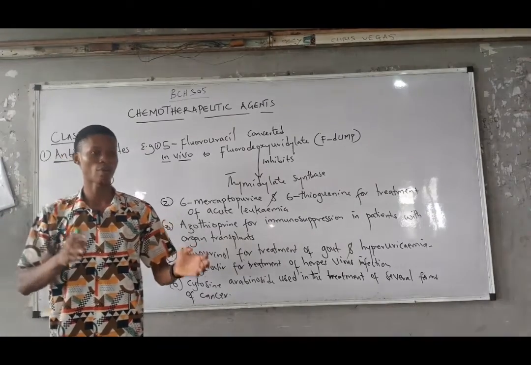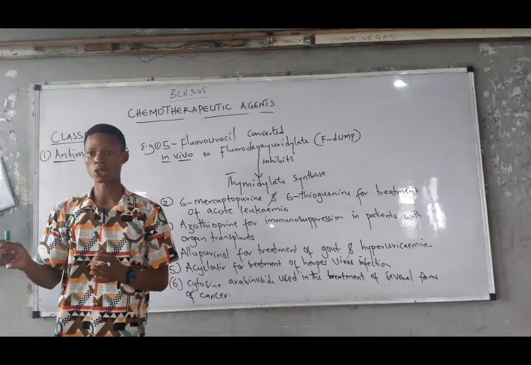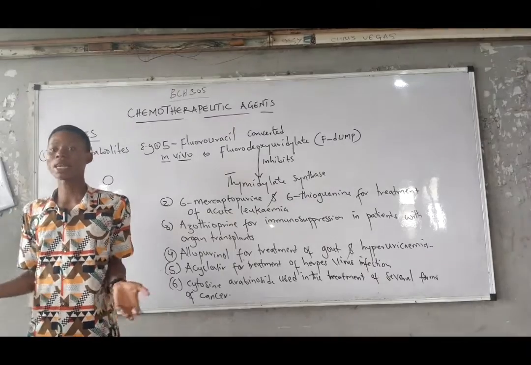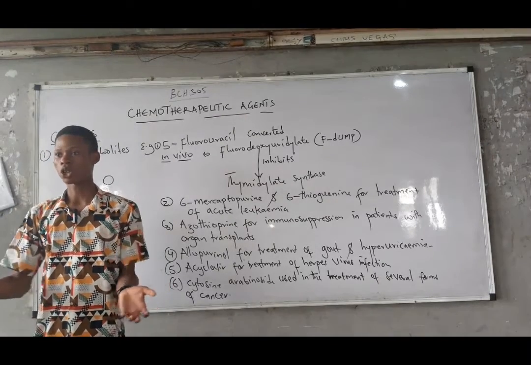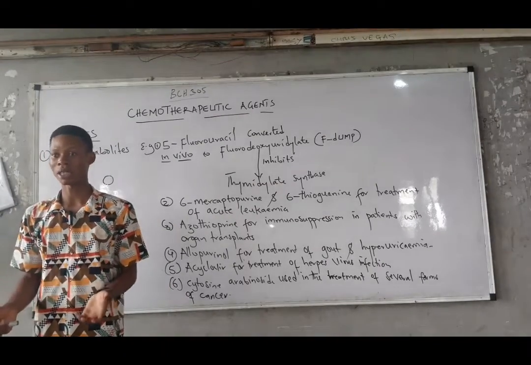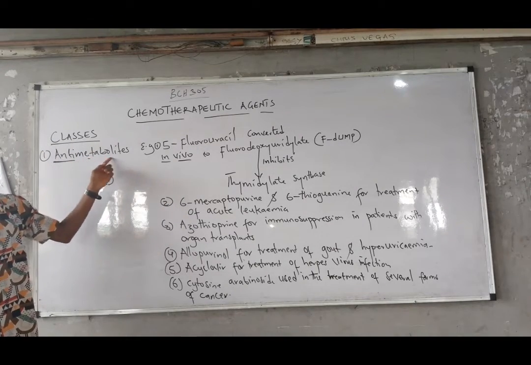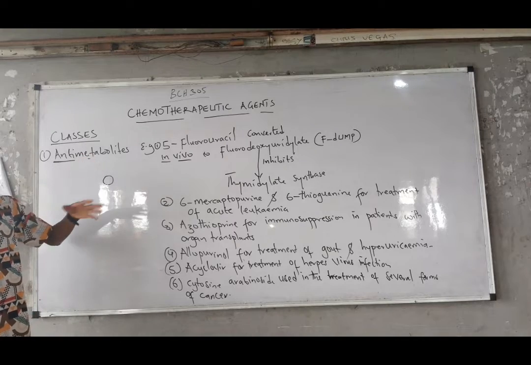Metabolism is equal to anabolism plus catabolism, is it not? Now, if we can stop that metabolism in the cell, that cell cannot actively divide again, because energy, first of all, will not be supplied for it to divide. So the first class of chemotherapeutic agents here is antimetabolites, those that act against metabolism.